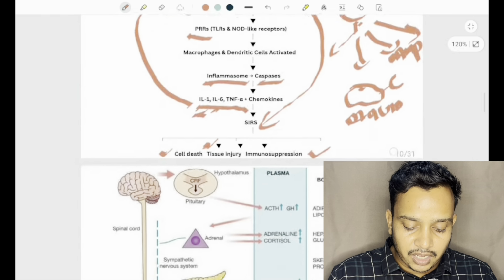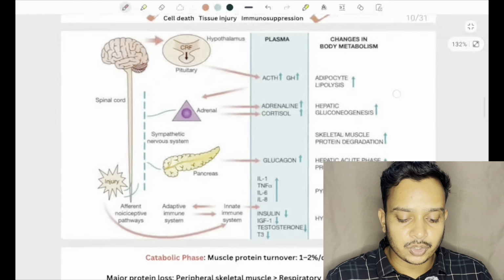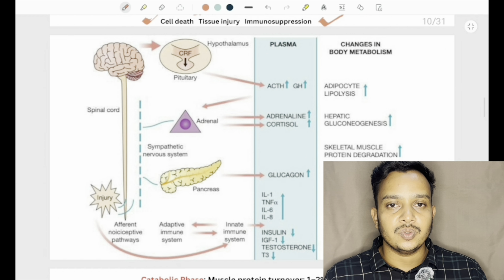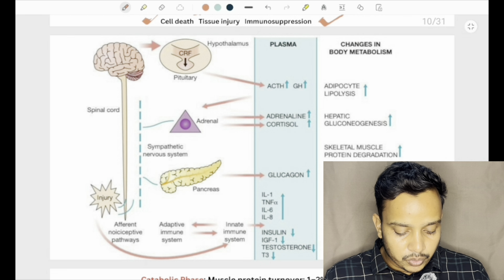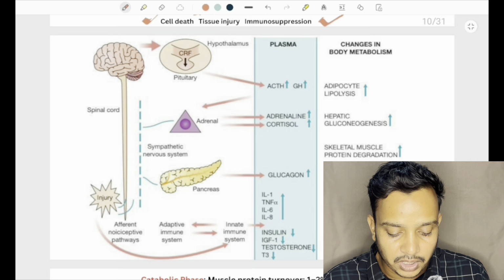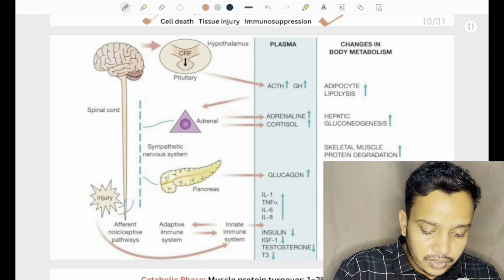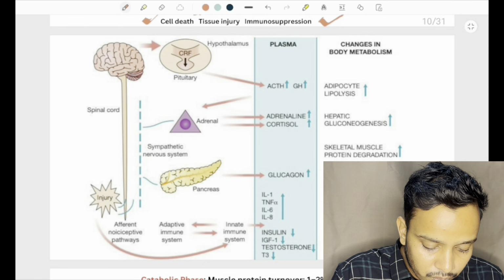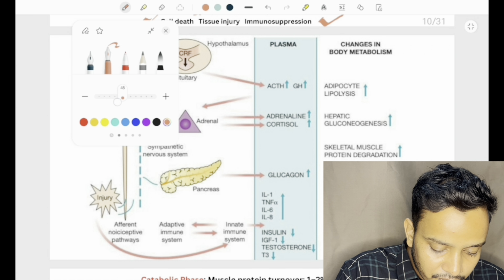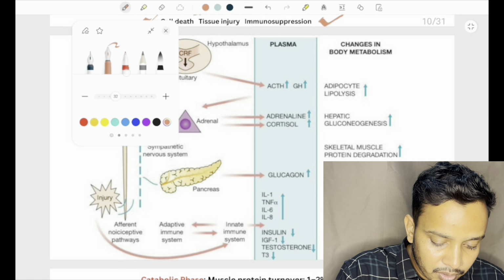Along with the release of damage associated molecular proteins, our neurohumoral response also comes into action. How does our neurohumoral response come into action? This is the flow chart taken from Bailey and Love. Whenever there is any kind of tissue injury, the pain fibers are carried by our nociceptive fibers.